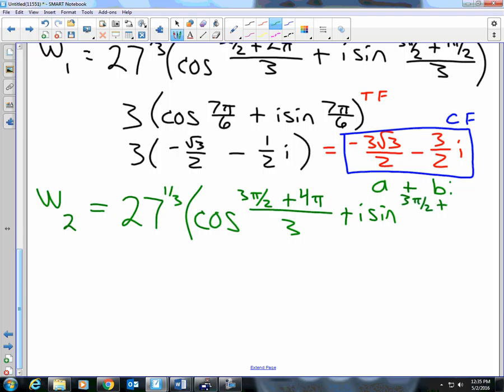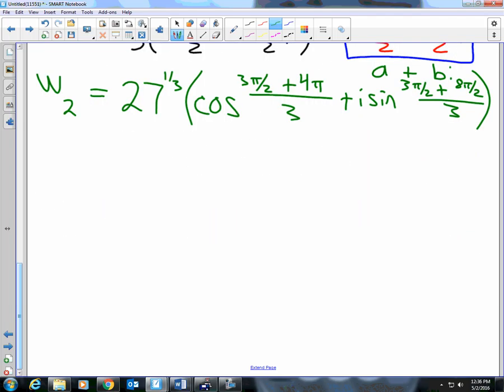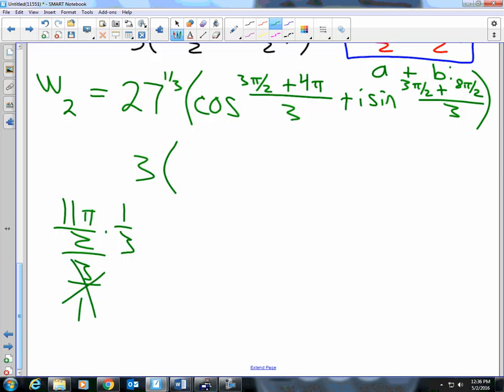Let's take 4 pi and write it so we can add it to 3 pi over 2. You would get 8 pi over 2. What is 3 pi over 2 plus 8 pi over 2? 11 pi over 2. And what is 11 pi over 2 divided by 3? 11 pi over 6.